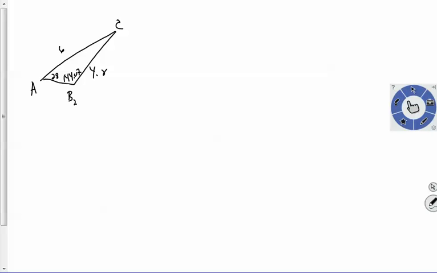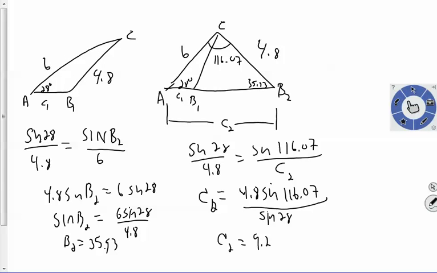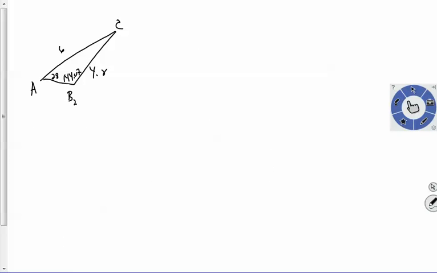And how do I know that? Oh, because this is an isosceles triangle right here. So this is 35.93. That's why. Since these are isosceles, I can get that angle right there, because this one and this one have to add up to 180.